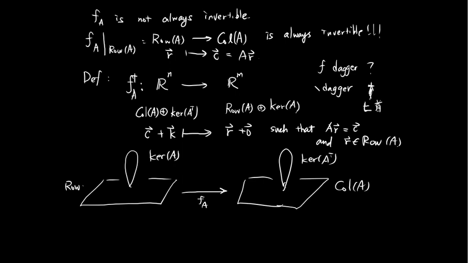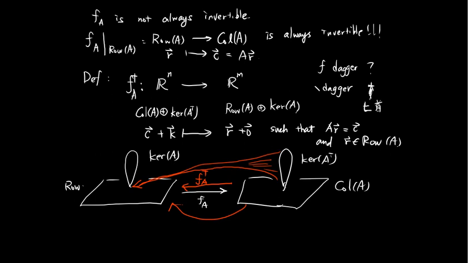So what happens is, if you have F dagger, then you will send everything to the left hand side, but this part will go to the 0. And that's all.